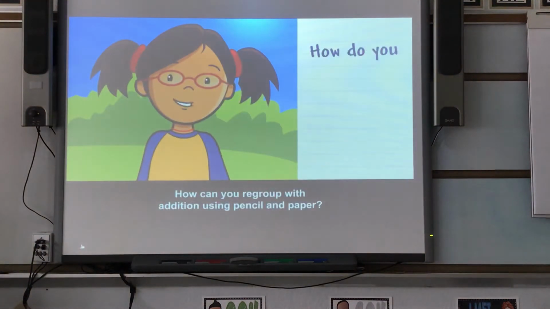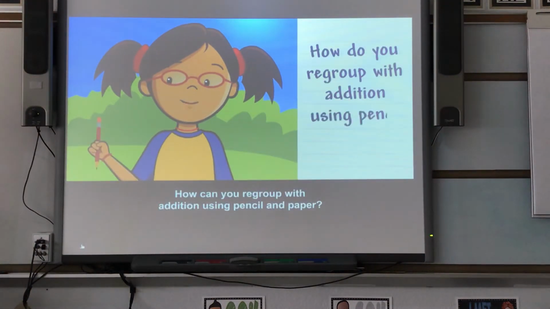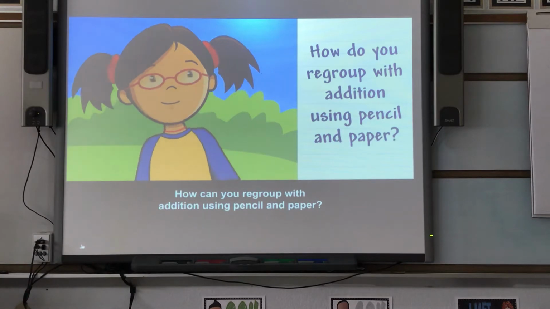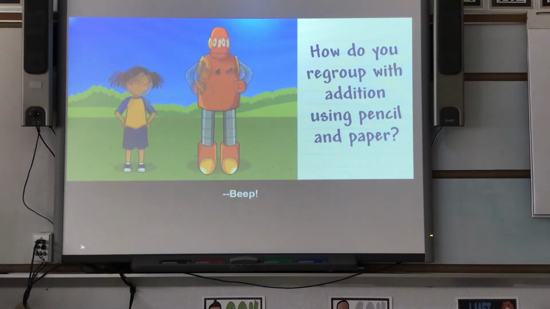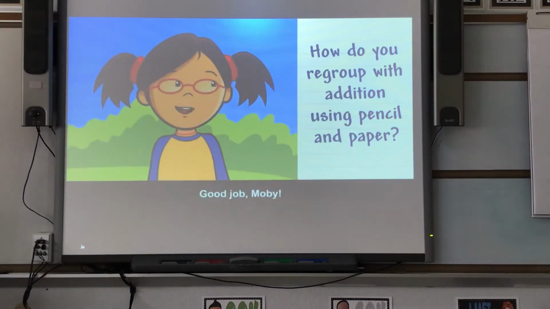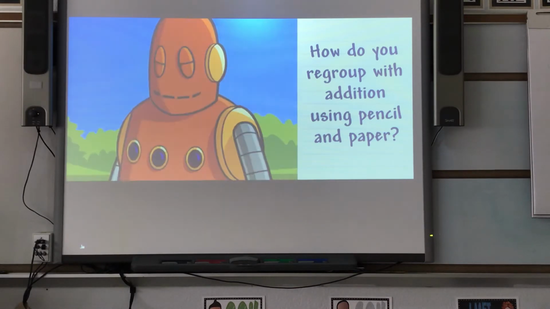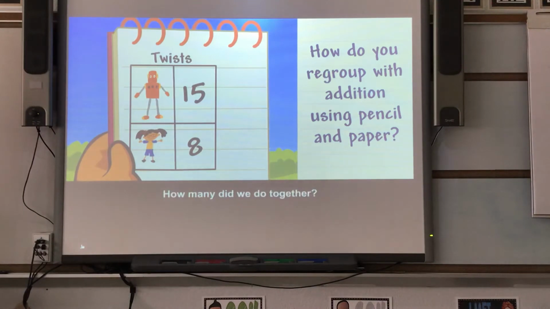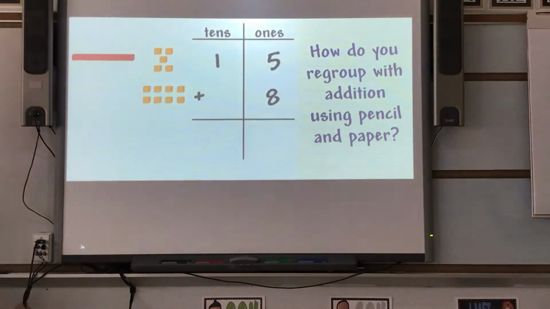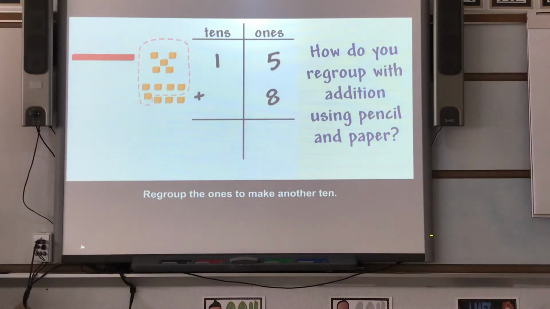How can you regroup with addition using pencil and paper? Good job, Moby. How many twists did you do? How many did we do together? Regroup the ones to make another 10. There's 3 ones and 2 tens.